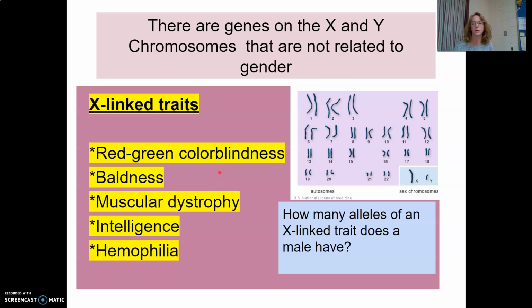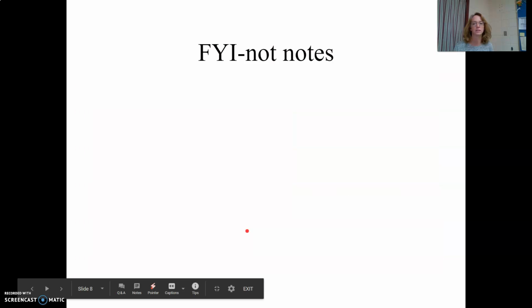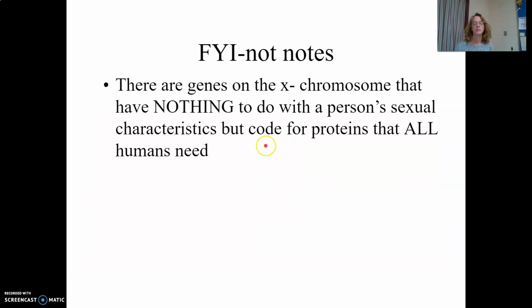There are certain traits that we're going to study that are only on the X chromosome. That is the gene for color blindness, baldness, muscular dystrophy, intelligence, hemophilia. So you need to recognize these as sex-linked or X-linked traits. The whole point of this is that there are genes on the X chromosome that have nothing to do with sexual characteristics, but code for all human needs.